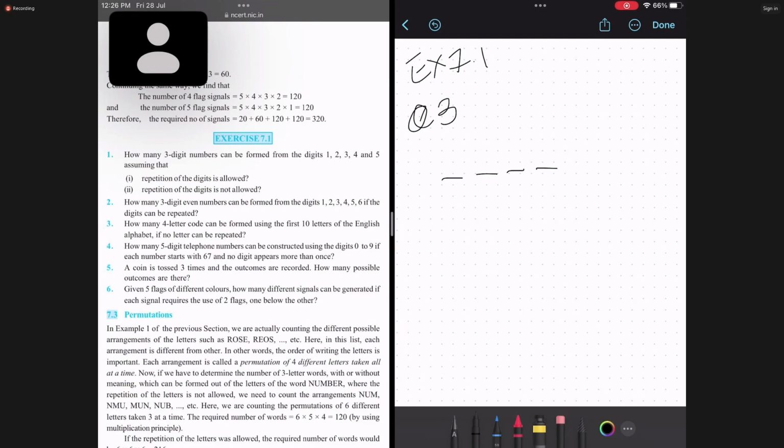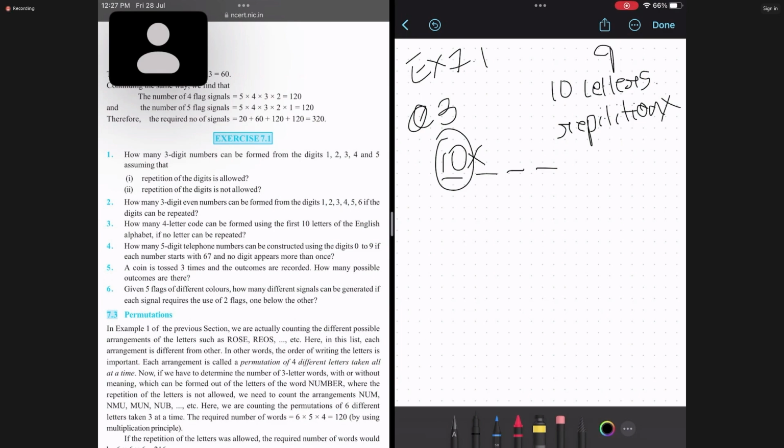We can use the first 10 letters of the alphabet, and repetition is not allowed. So the number of ways we can fill up the first letter is 10. Correct. The number of ways we can fill up the second letter is not 10 now, it is 9, because repetition is not allowed and we've already consumed one letter.